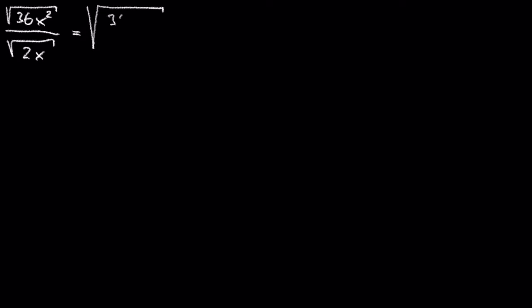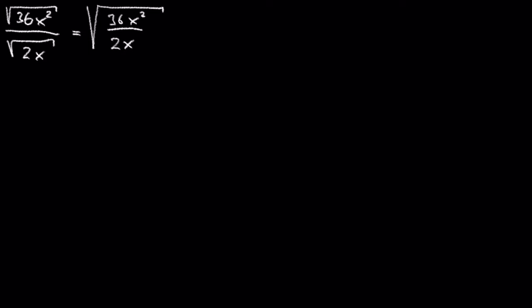Let's look at some examples where we have a square root on the top and at the bottom of the fraction. The square root of 36x squared over the square root of 2x. After applying the division law for roots, we get the square root of 36x squared over 2x.